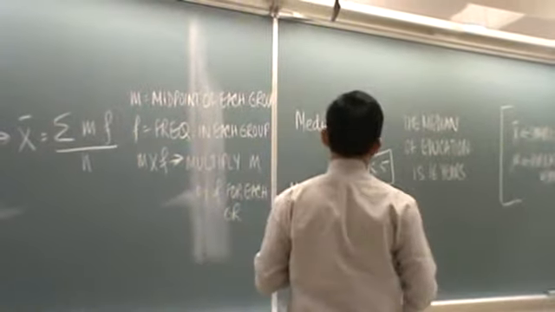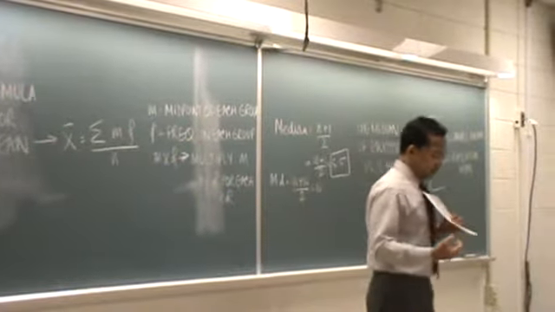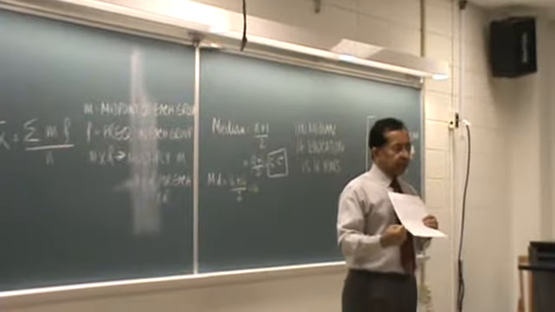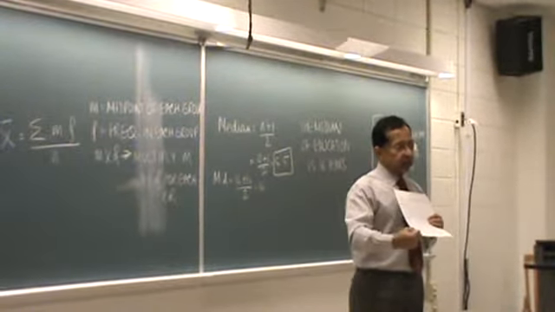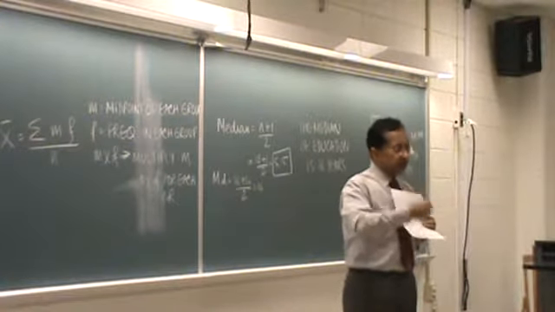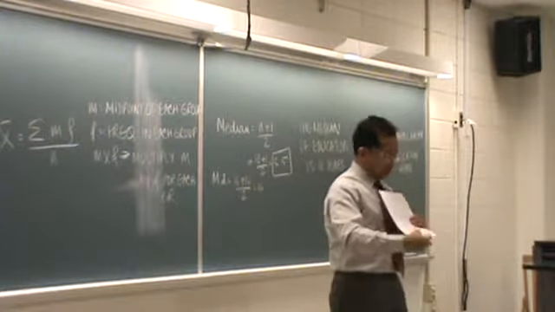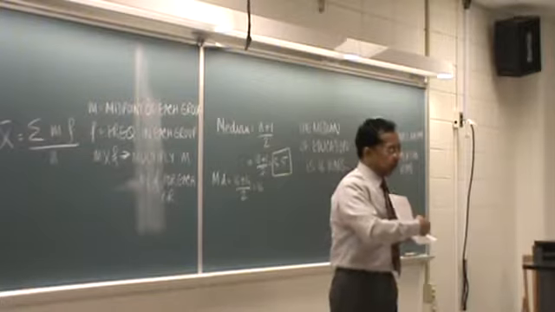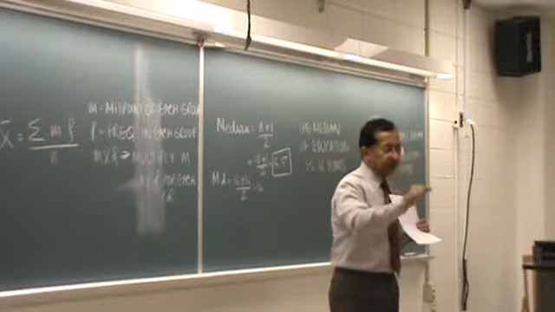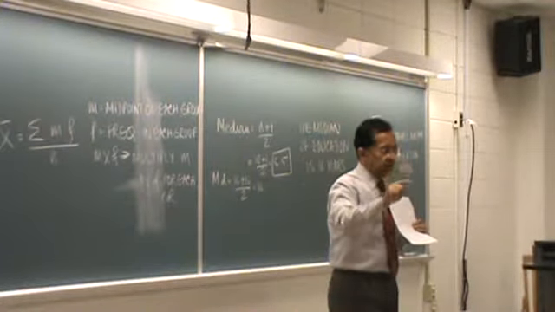First column, you will have groups. Second column, the midpoint. Third column, the frequency in each group. And fourth column, the midpoint multiplied by F, MF.